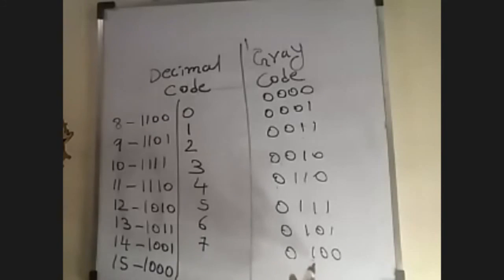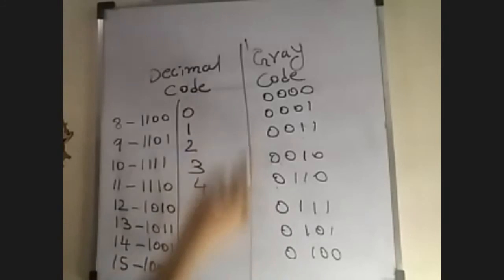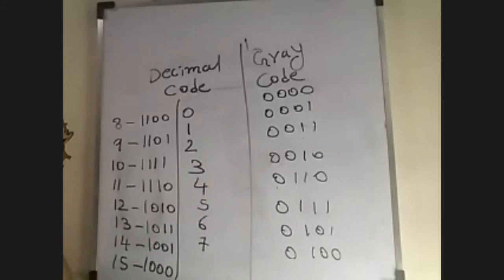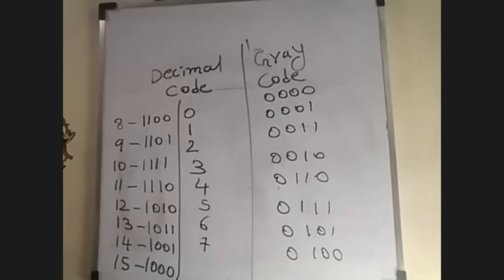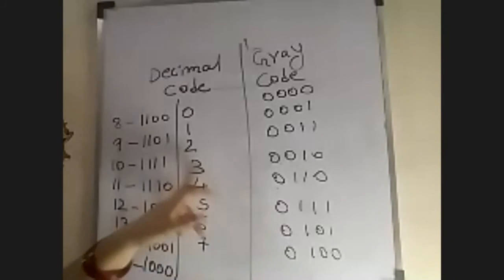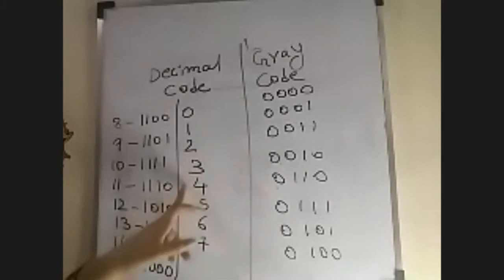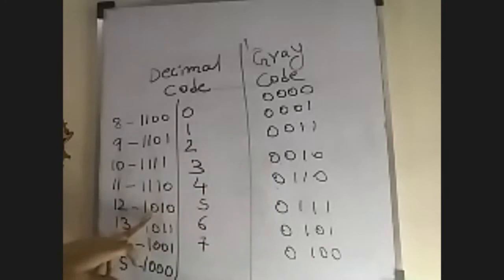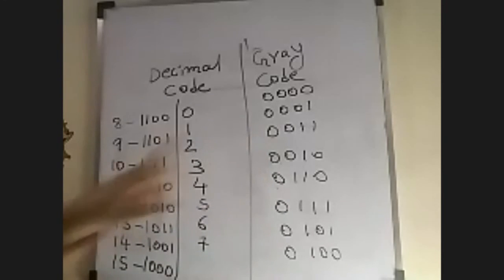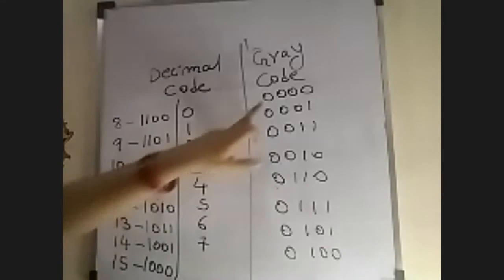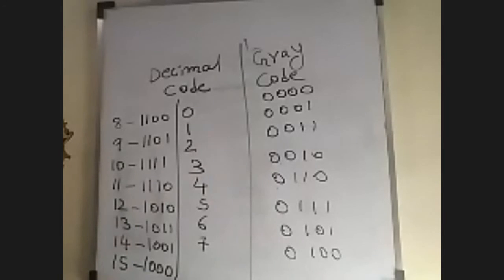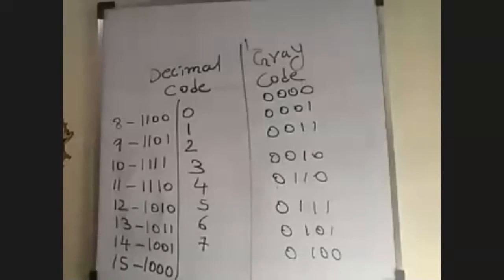So these 3 bits are same, but the first bit will be changed to 1. Observed clearly? Yes or no? Yes, ma'am. Next, 1 0 1 0 1 0 1 1 1 0 0 1 1 0 0. Is it clear? That is the reflective code.